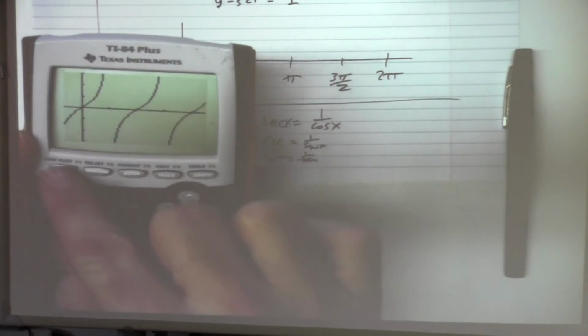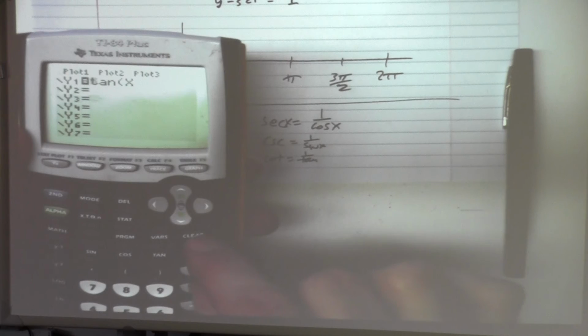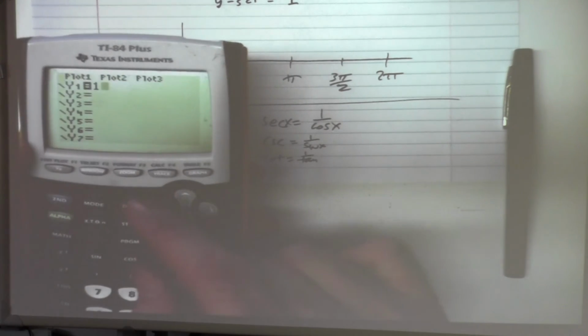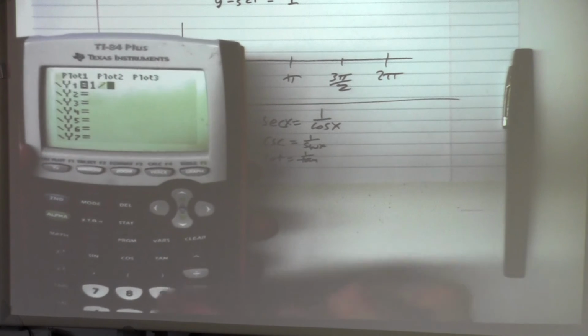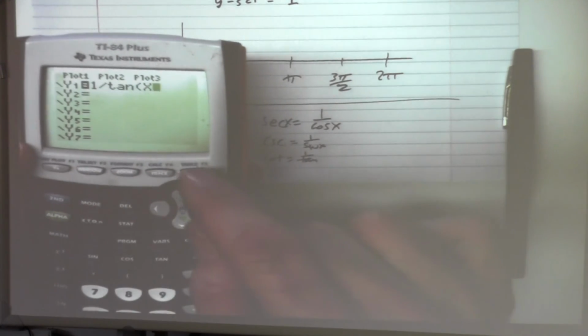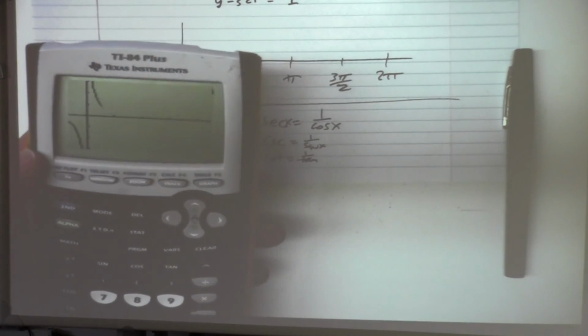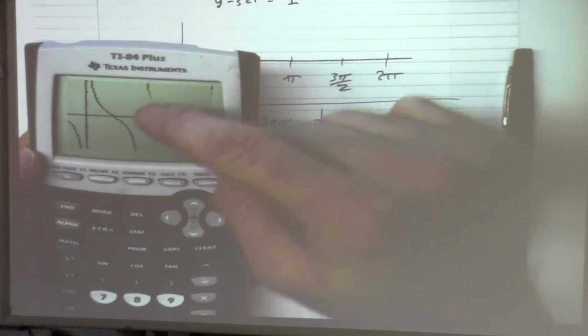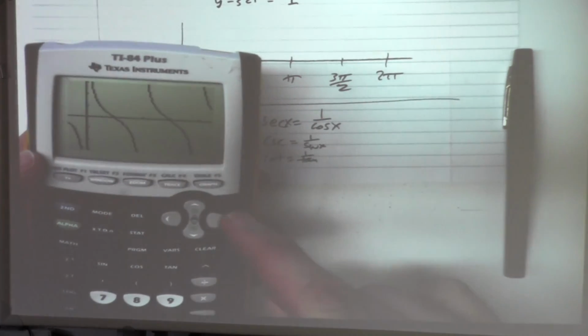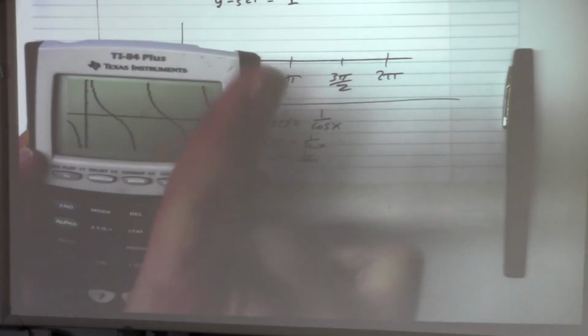Well, if I want to change that, I'm not going to put both up because then you can't tell easily which is which. But I'm going to do 1 divided by tangent of x. And we get the opposite. Instead of going up this way, it's coming down, so it's like second to fourth quadrant, diagonal this way instead of diagonal that way.